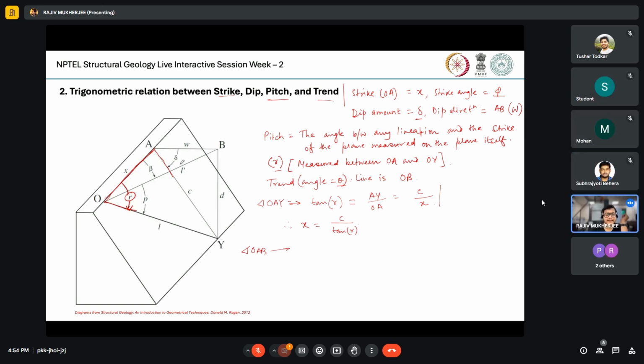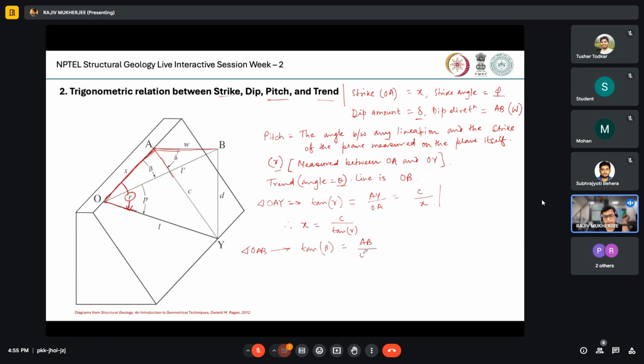So if we take the tangent of this angle beta, we can find the relation as AB, that means this is the perpendicular, and the base OA.